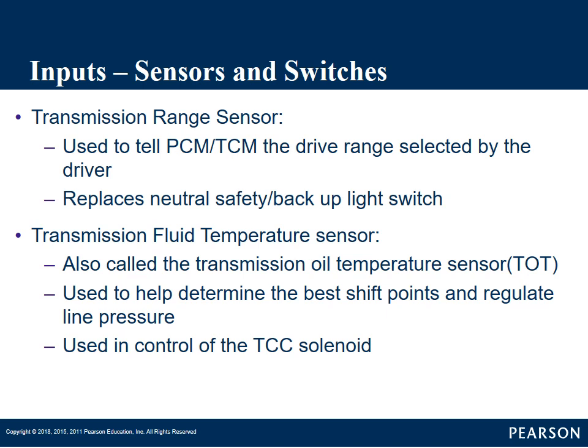But in most situations, the transmission range sensor tells the vehicle what gear the driver wants it in. So if you put it in a low gear, it's going to limit the upshift of that transmission.